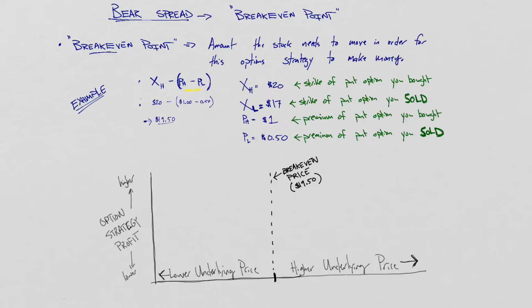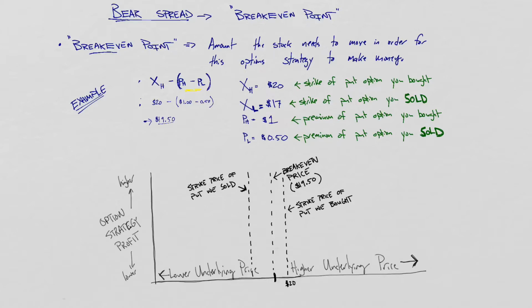Then we can also plot the strike price of the option that we bought. That's that $20. And the strike price of the put option that we sold, the $17.